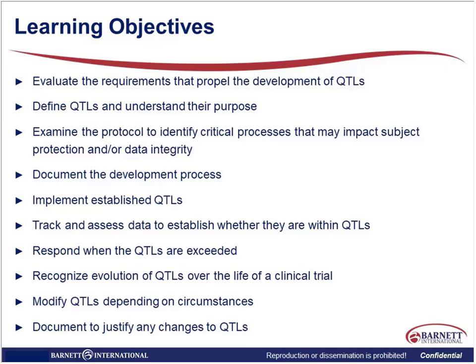And also understand that QTLs evolve over the life of a clinical trial, and then possibly how to modify those QTLs depending on the circumstances of your clinical trial. And then documenting any changes to those QTLs because those changes must be justified.